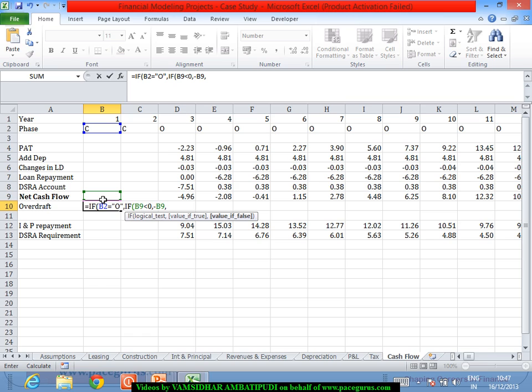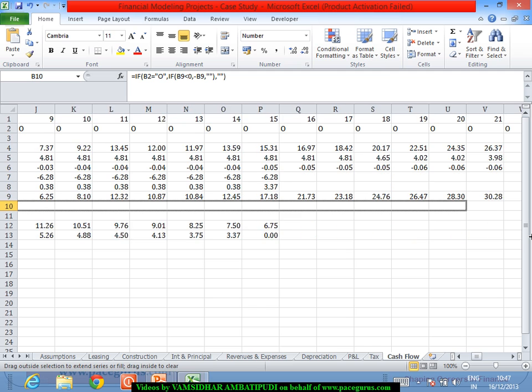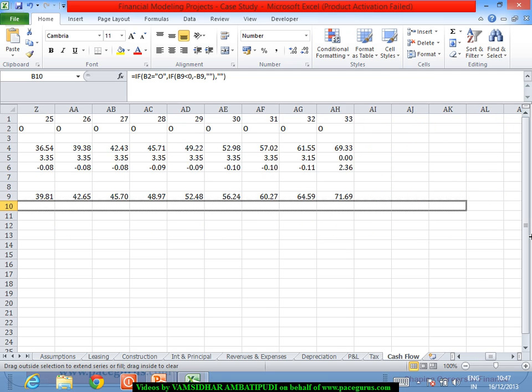Otherwise, there is no overdraft amount. So I will leave this with a blank, and similarly this also I will leave with a blank. So the overdraft as a part of the cash is coming out with all these aspects built into it.